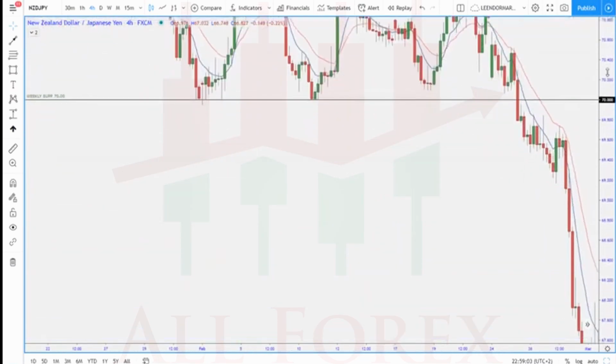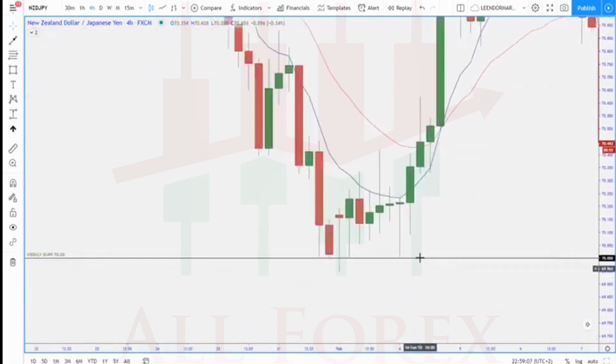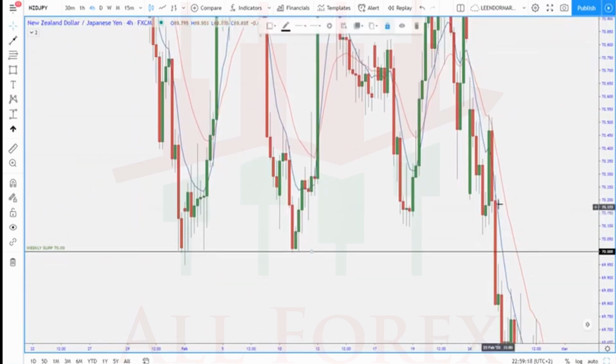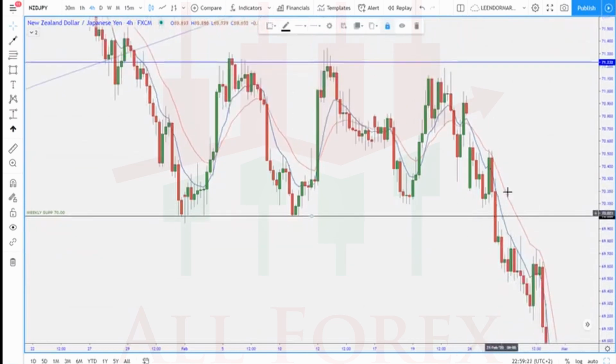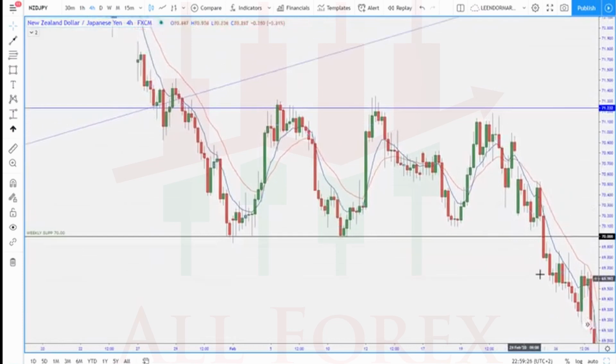Even here, you can see how we actually got wicks at the bottom, meaning that this level was actually holding. That whole area was an area of wicks, and from there you did see a bullish run. But here we did get a clean bearish closure from that level, which was a clear indication that we're trending down.